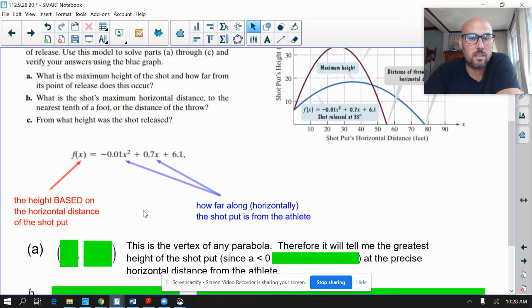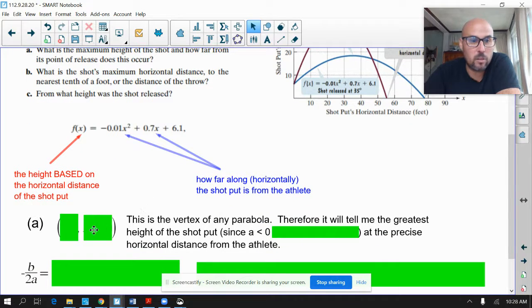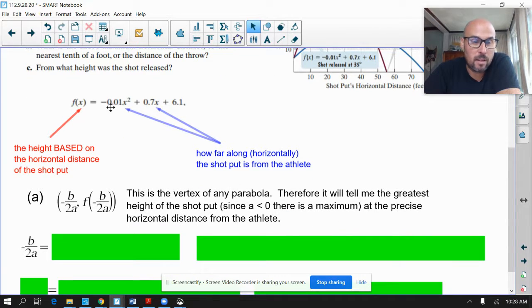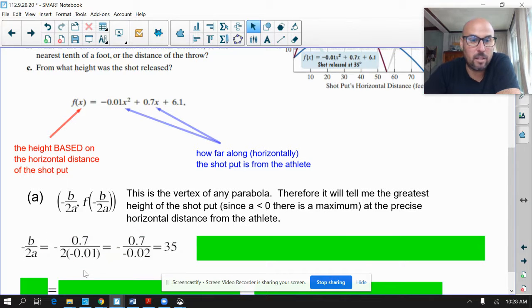So finding the vertex is negative b over 2a. The vertex for any parabola, the x value is negative b over 2a, and what's the y value? The y value is just the result of plugging in negative b over 2a. And since a is negative, we know we've got a maximum. So here's my a, here's my b. I plug it in very carefully, get my calculator out.